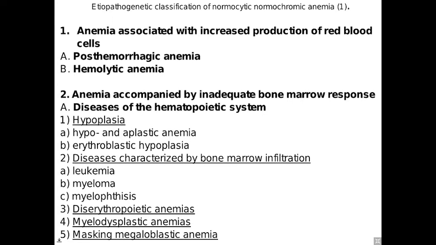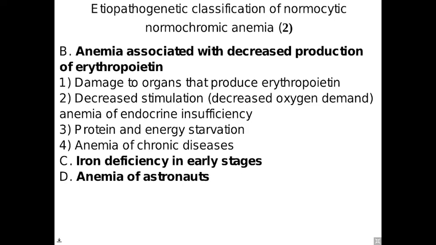Hemolytic type of anemia is commonly associated with normocytic anemia. What else? Inadequate bone marrow response, diseases of the hematopoietic system, most commonly diseases of the bone marrow: aplastic anemia, leukemia, myeloma, myelodysplastic syndrome, and so on.